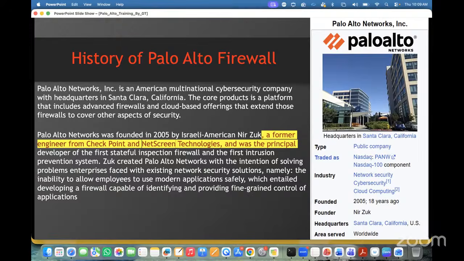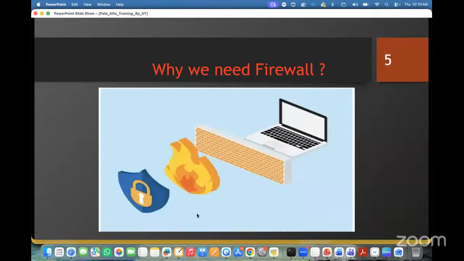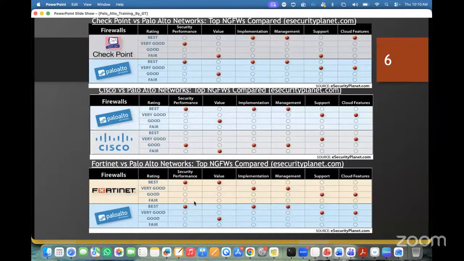So Palo Alto has nowadays become very popular. Similarly, FortiGate has also become very popular. And if I talk about Checkpoint, Checkpoint is also popular. But out of these three, Palo Alto is almost leading everywhere. Why? Because of their security performance, their implementation, their management, their support, and also their cloud features.